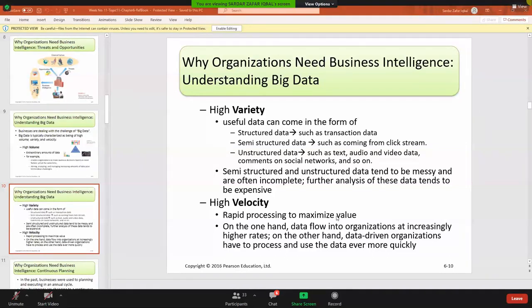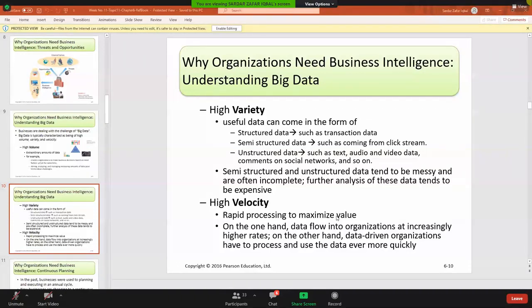This data will be saved, and the system will generate analysis within 5 seconds, or within 5 minutes, right? So velocity is how quickly you can receive the data and process the data.